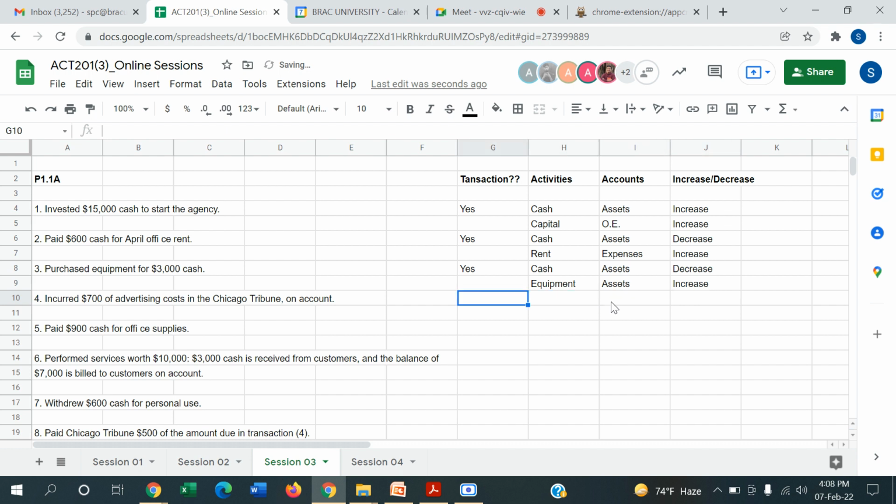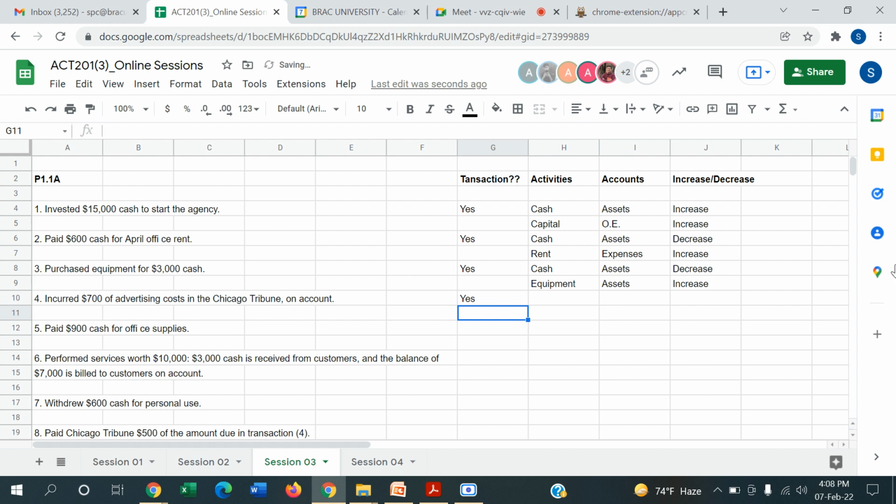Number four: incurred 700 of advertising cost in the Chicago Tribune on account. On account means accounts payable. They haven't paid it, but they are supposed to pay it. Do you consider it as a transaction? Yes, definitely.